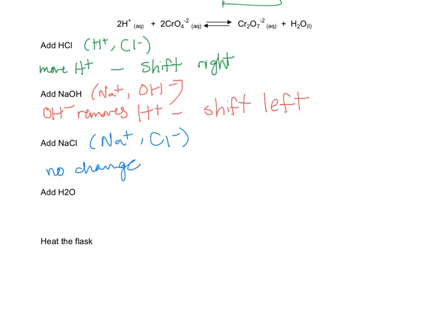The reason is because water is a liquid. It does not affect the equilibrium position. If you add a solid or a liquid, it does not affect the equilibrium position, unless it dissociates or does something, like these. It does shift to the left, however, not because water is one of your products, but because when you add water, it affects the volume.